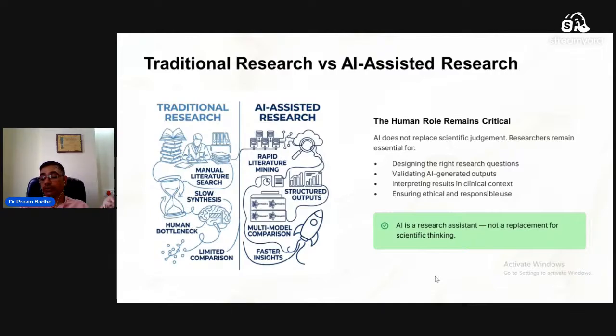So it was a manual process, and you had to understand the synthesis of the information from the article, and then you started developing your scientific critical thinking out of it, and based on that you were having the research ideas and hypotheses.